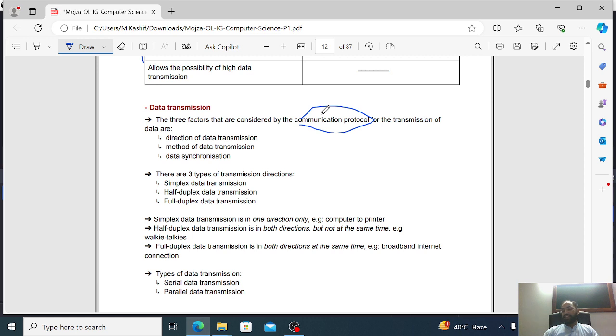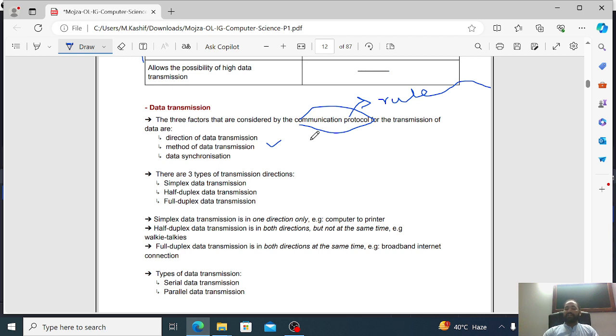Communication means exchange of data and protocol means rules. So there are three factors. One is direction of data transmission. Second one is method of data transmission.